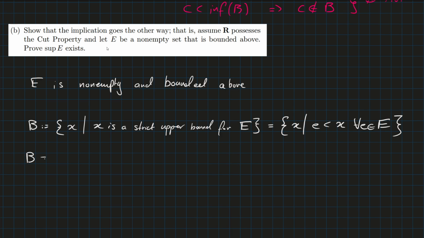So B is not equal to the empty set because E is bounded above. So that bound is possibly not strict, but then certainly that bound plus 1 is greater and would be strict at that point. Okay, so it's not empty.